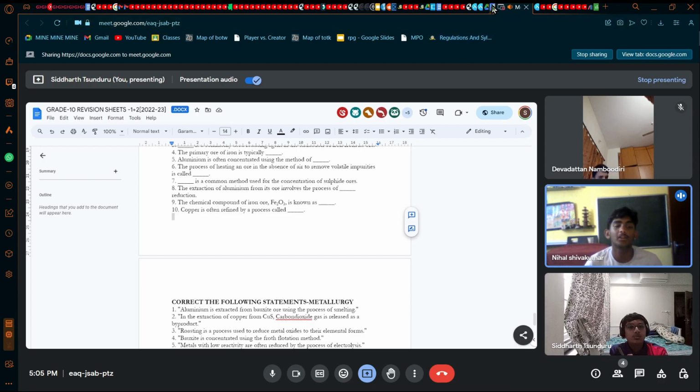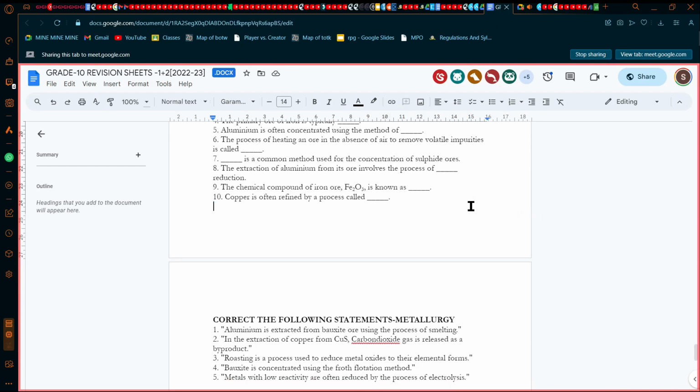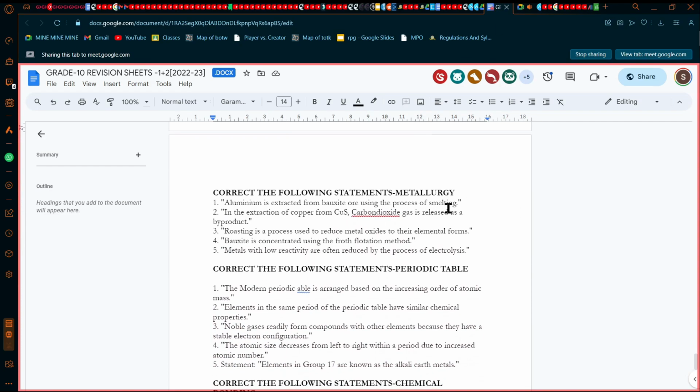Aluminium is extracted from bauxite ore using the process of electrolytic reduction. Yeah, it's extracted like that only. They'll take bauxite, put it in an electrolysis chamber.